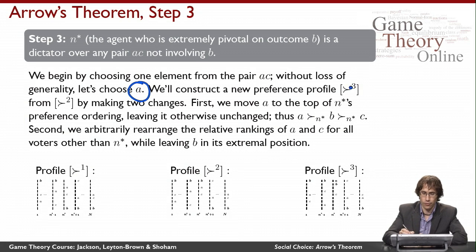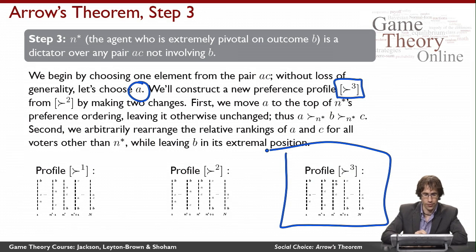So now I'm going to construct a new preference profile, pref3, which differs from pref2 in 2 ways. First of all, I'm going to move A to the very top of n star's preference ordering, leaving everything else unchanged. So I'm going to take A wherever it was here, and I'm going to move it up to the top. You'll notice, by the way, in these pictures, if you can read it, some of the variable names are bold, and some are not bold.